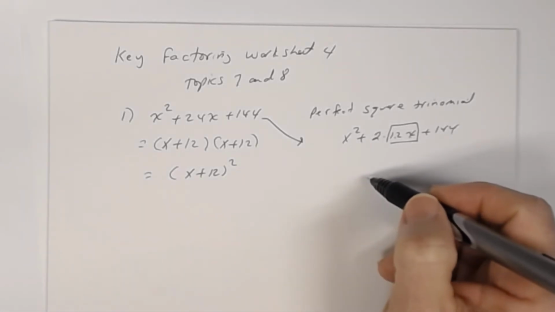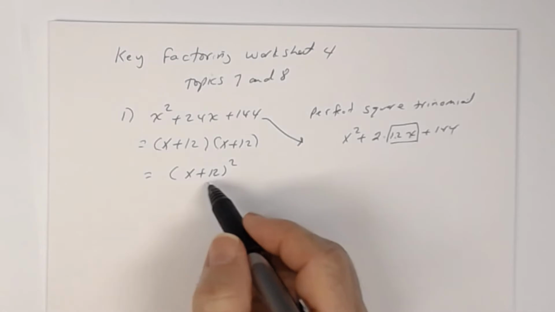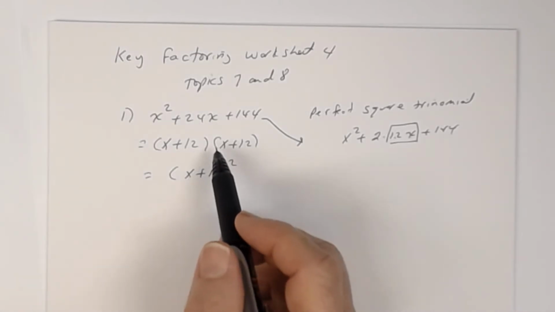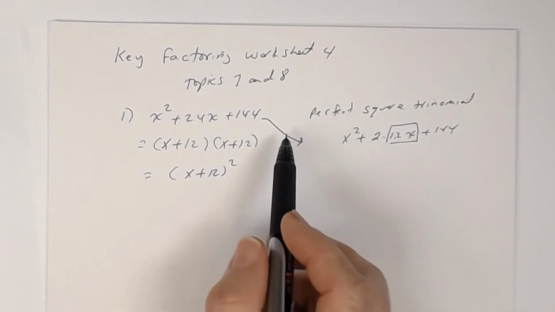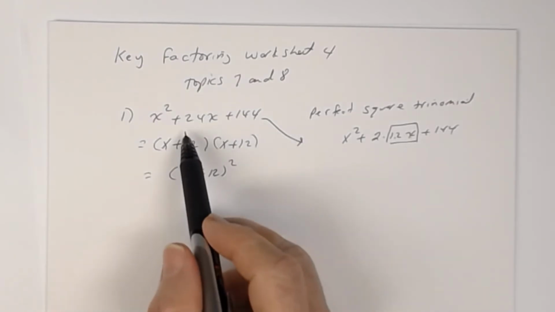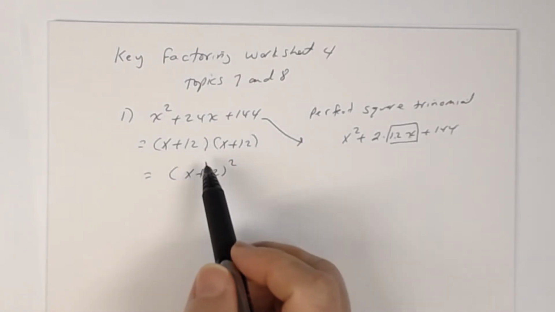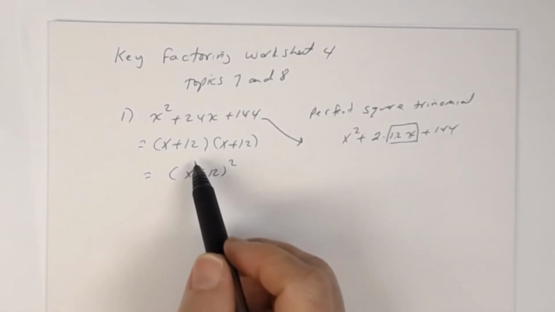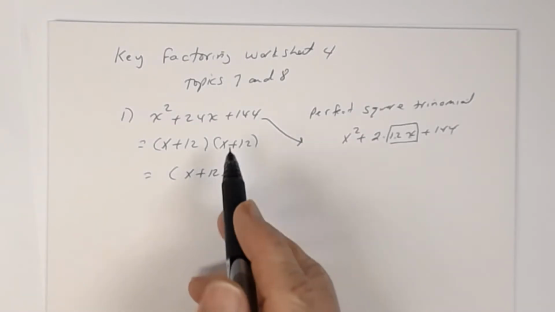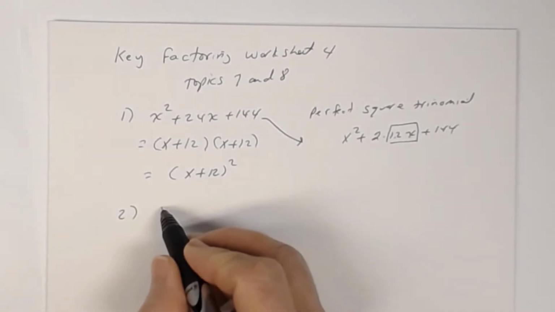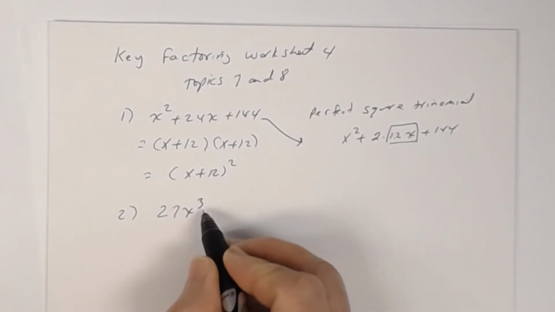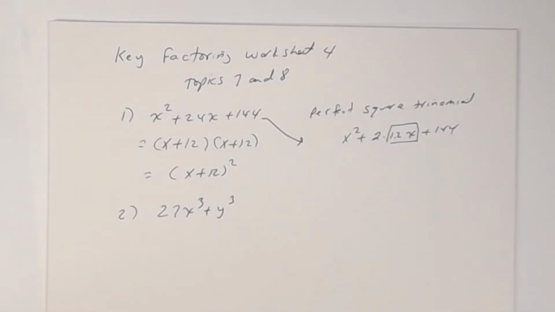So that's how it always looks. But anyway, that was number 1, and probably what most of you did was you didn't even think of this as being a perfect square trinomial, although that's what I want you to recognize. You went directly and factored as two binomials using either the AC method or reverse FOIL or trial and error. Number 2, though, you have no choice but to use our special factoring.